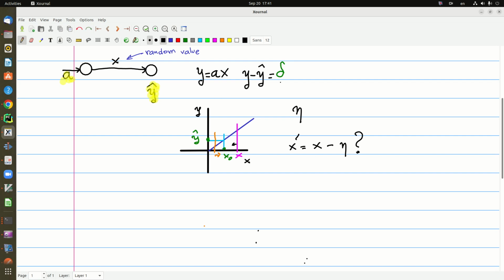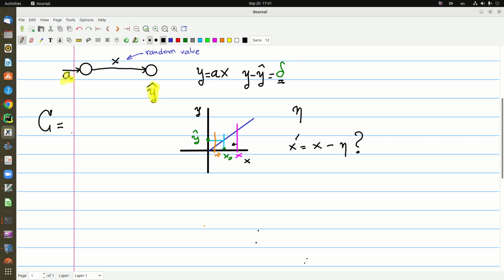We said before that we define as delta the value y minus y hat. It doesn't hurt the generality if we introduce a new variable and we're going to call it cost.